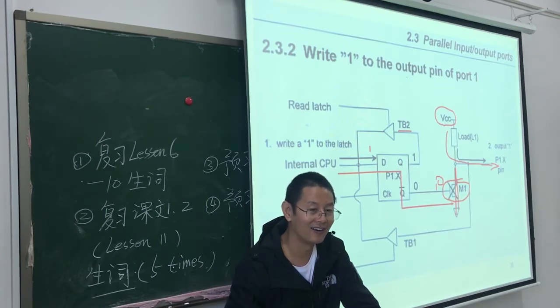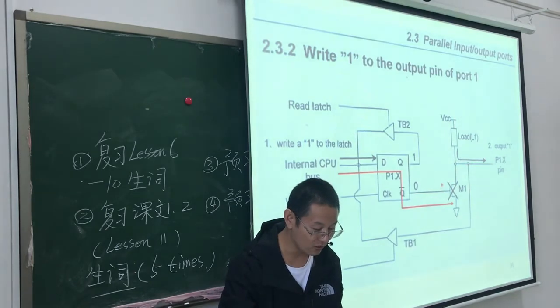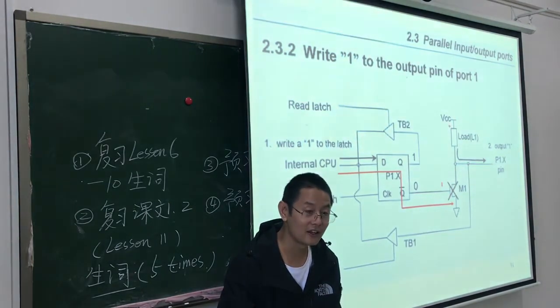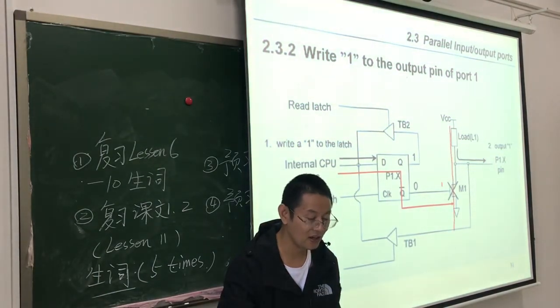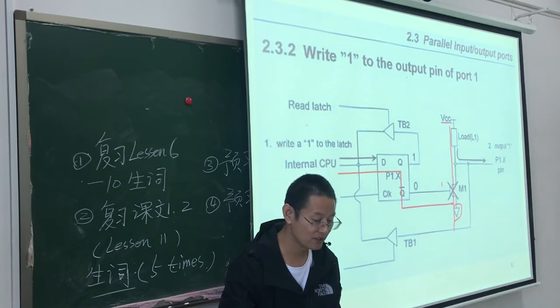If it's 1, it can pass, and the flow goes like this. This symbol is ground, so from VCC to ground is 0.